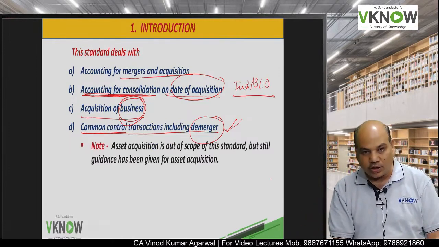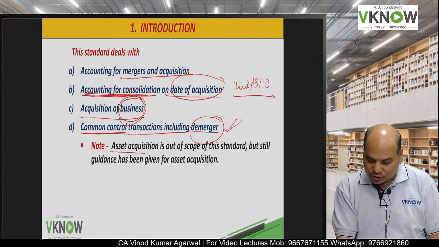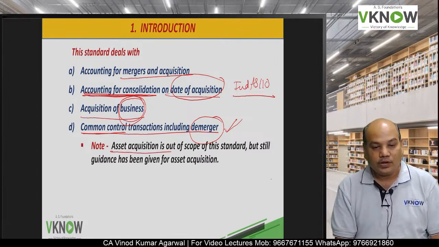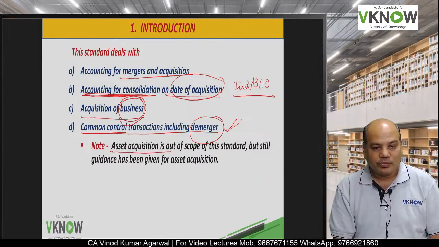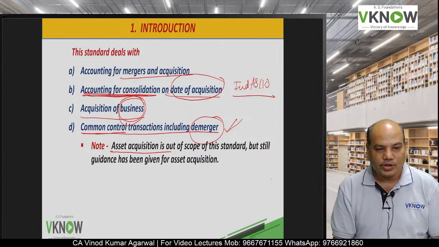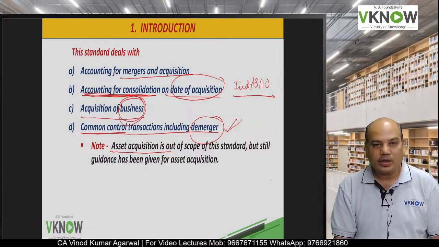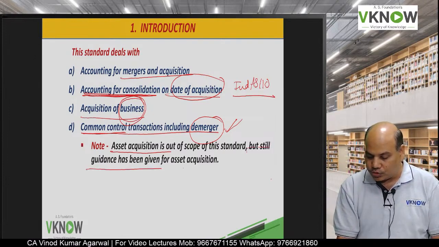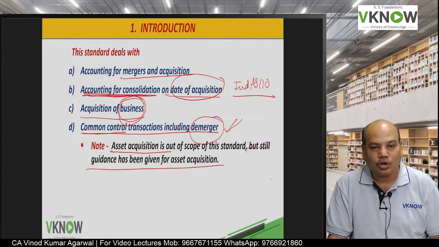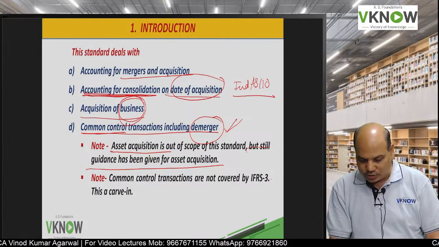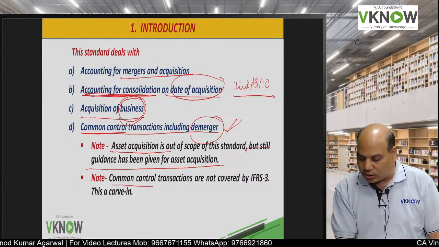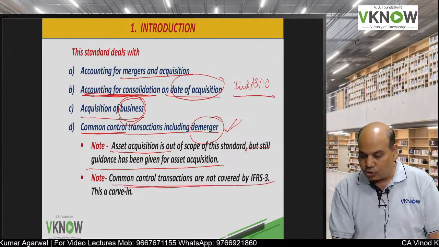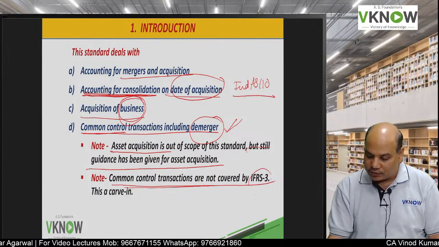This is our agenda. What about asset acquisition? If it is not a business combination, if it is just asset acquisition, it is not covered by the standard, but this standard gives you some guidance on accounting of asset acquisition. Common control transaction is not covered by IFRS 3.